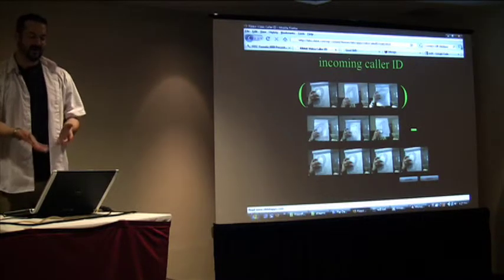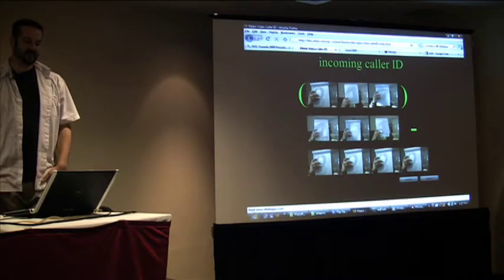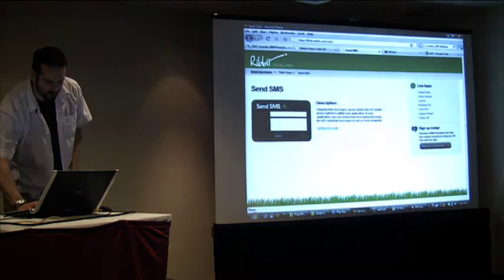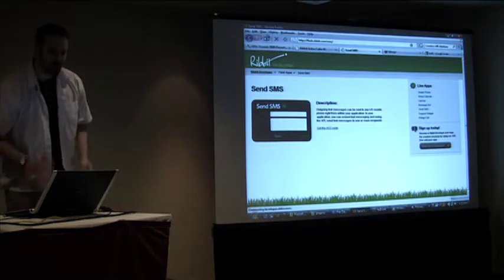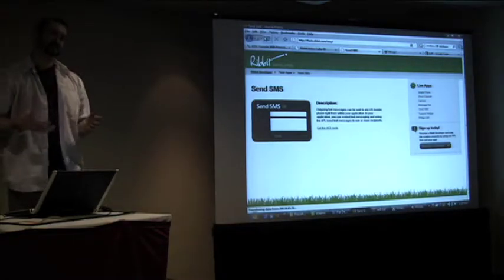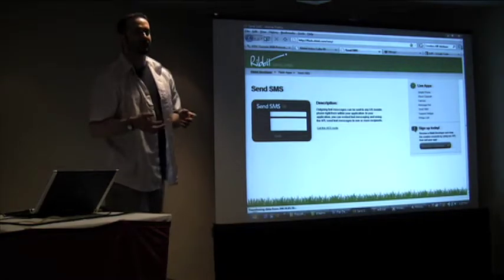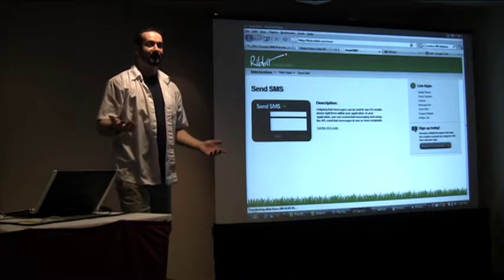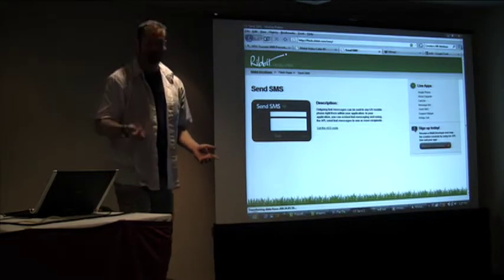So anyway, just kind of cool stuff that you can do there. And then I'm going to do one more demo, which is called SMS. This is the SMS feature. So also with the Ribbit API, I can actually send SMS to any mobile number. So I need one more volunteer. Okay. And what's your number?